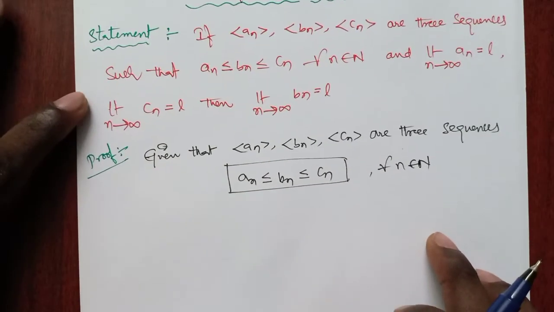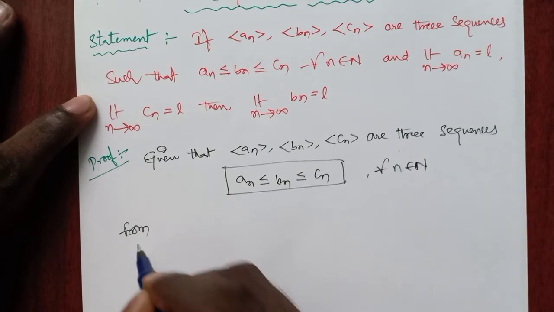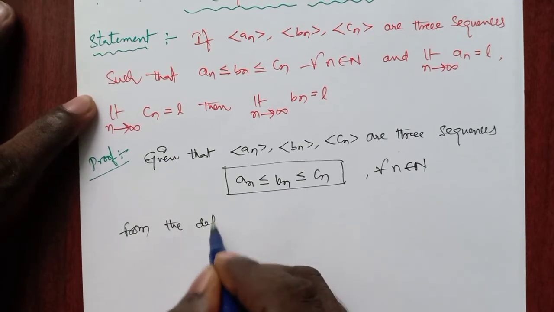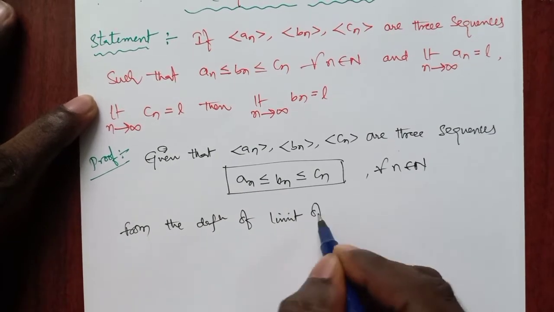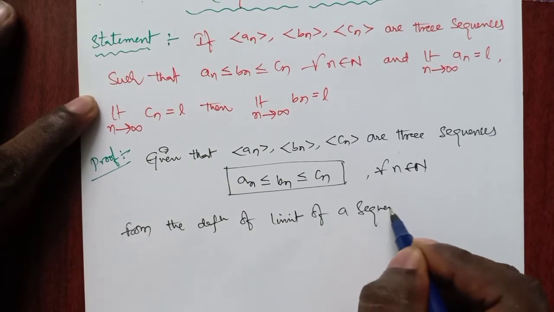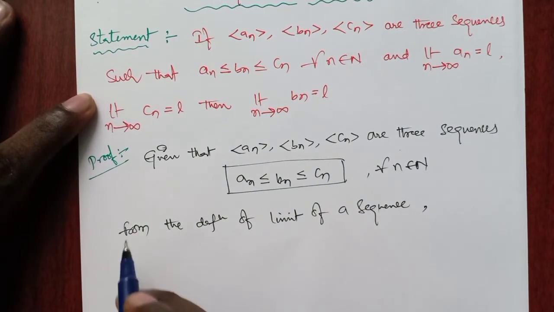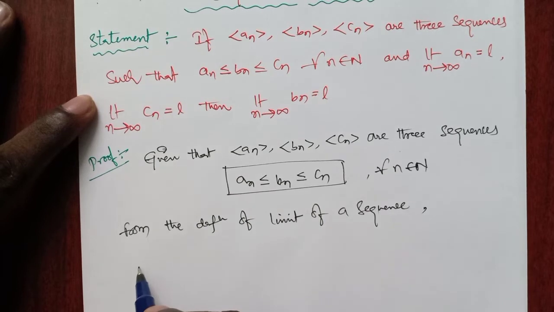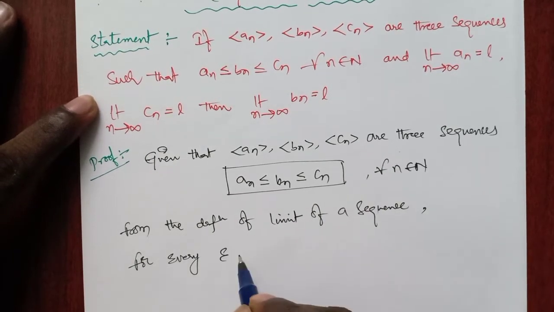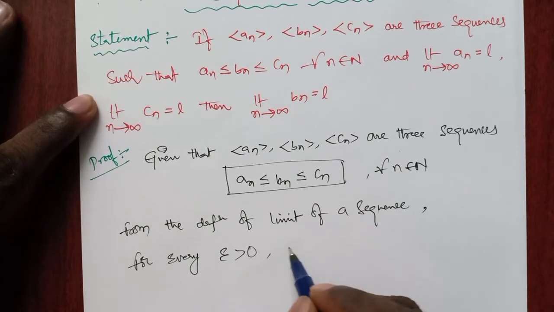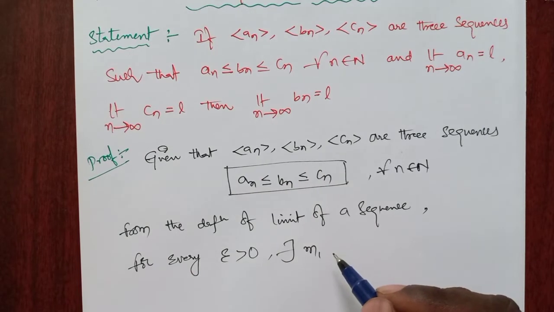Now, from the definition of the limit of a sequence, for every epsilon greater than 0 there exists m1 and m2.